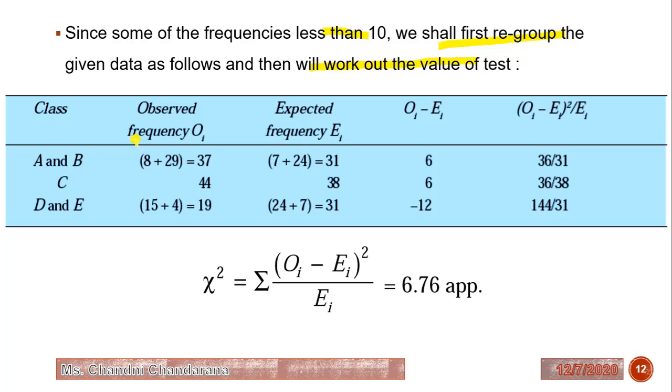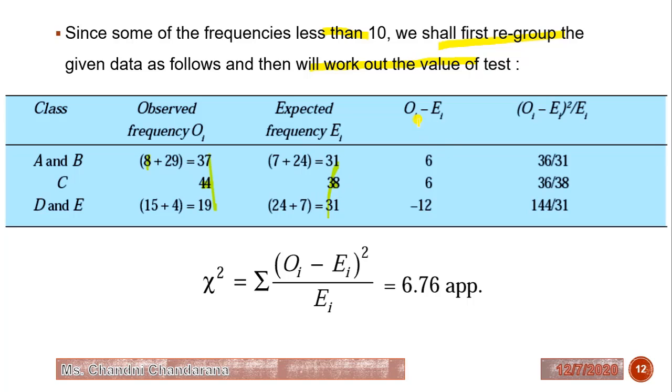So what we have to do is add this frequency to the higher frequency. We make 3 groups: A and B, C, and D and E. There is no need to combine C because it is already 44 and 38 here. So we make the groups like this and get the values in these 3 groups.